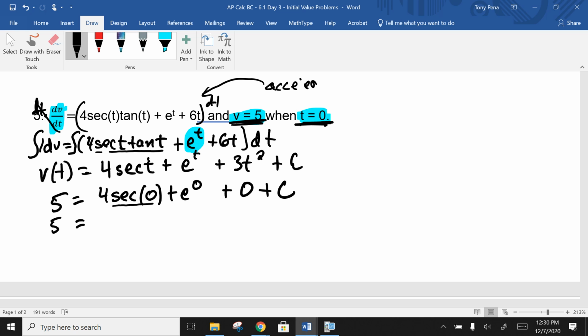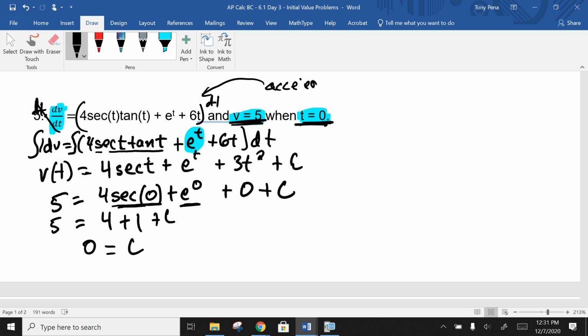This is the reciprocal of cosine, so we would want to do whatever the cosine of 0 is, we want its reciprocal. Cosine of 0 is a 1, reciprocal of 1 is a 1, times a 4, so that just becomes a 4. Plus anything to the 0 power is a 1. And then plus our c, and then we see all that work, we get a c of 0.